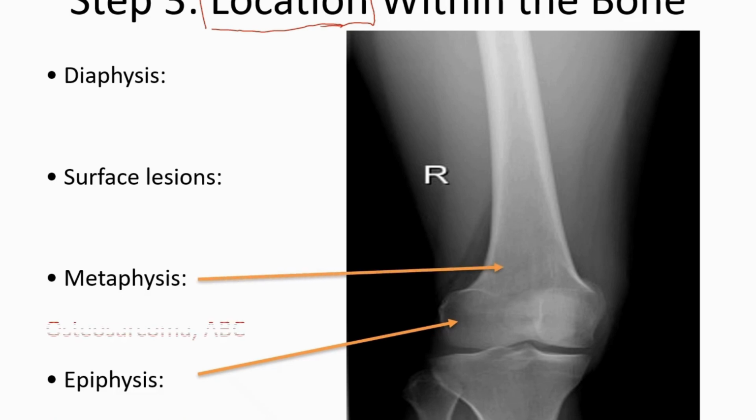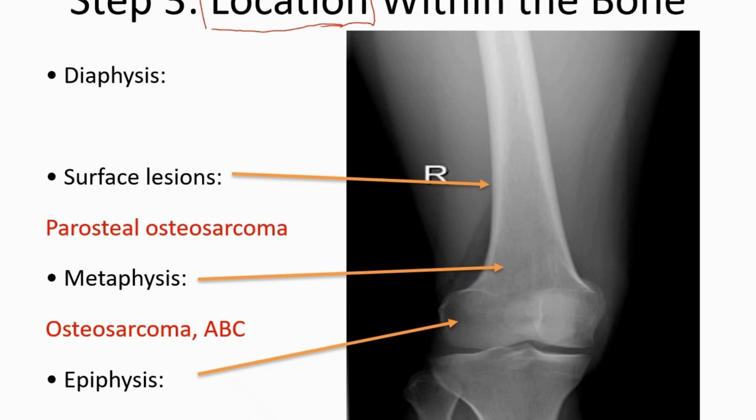Then metaphysis: more common are osteosarcoma and aneurysmal bone cysts, whereas the surface lesion is periosteal osteosarcoma, and in diaphysis, more common are Ewing sarcoma and Langerhans histiocytosis. So these are the tumors more common in the different parts of the bone, like epiphysis, metaphysis, surface lesion and diaphysis.